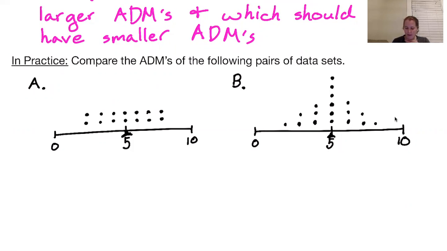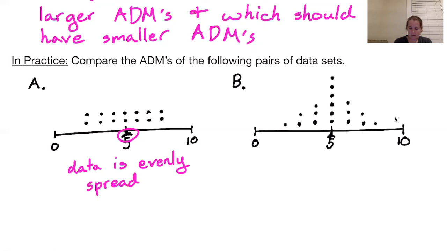And we want to know which of these should have the larger ADM or if they should be the same. I've put a little triangle above the 5s. That little triangle here is indicating that that's the mean of the data set. So if we notice this first one, A, the data is sort of evenly spread between 2 and 8.